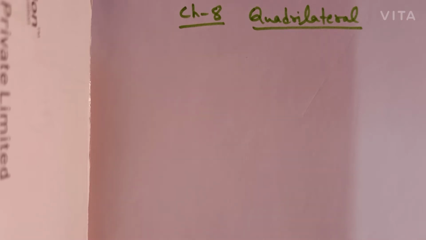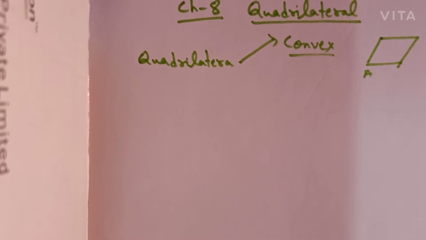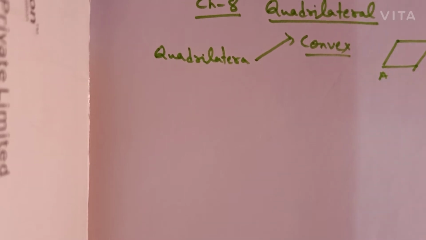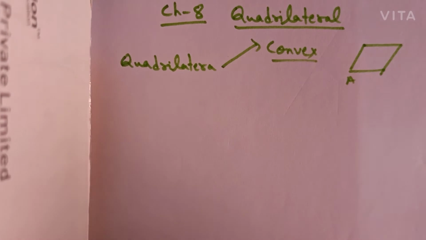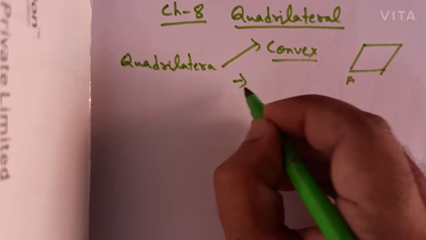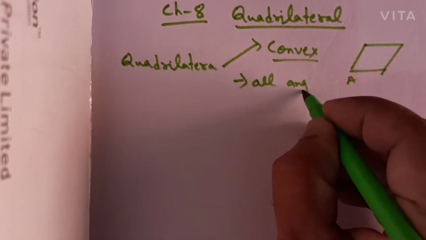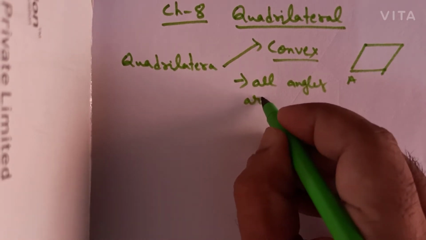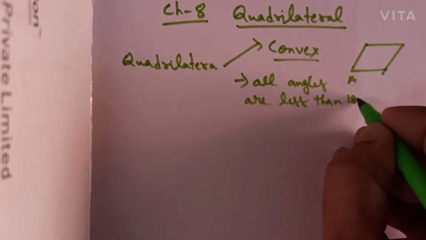There are two types of quadrilaterals: a convex quadrilateral and a concave quadrilateral. First of all, let us discuss what a convex quadrilateral is. A convex quadrilateral is a quadrilateral in which all angles are less than 180 degrees.